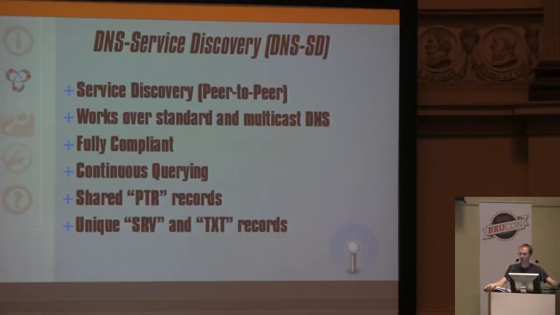All the hosts that have that service will multicast out a shared pointer record that refers back to a unique service and text record. The host queries for the unique service and text record, they respond, and then the responding hosts get enumerated because in that service record is an open TCP port.